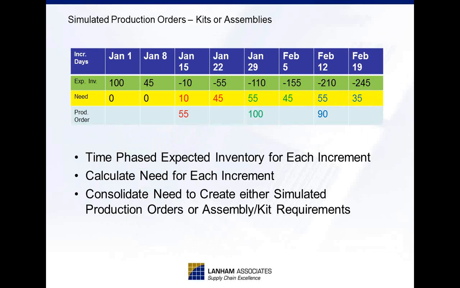So we look at these groupings and create what we call simulated production orders. If you're not running NAV manufacturing, but just doing kits or assemblies, we look at each one of those 7-day increments and then look at, I want to theoretically create these kits or assemblies as of these dates. What components do I need as of that time frame? So now the system knows what components I need, what information I need for kits and assemblies or for production.